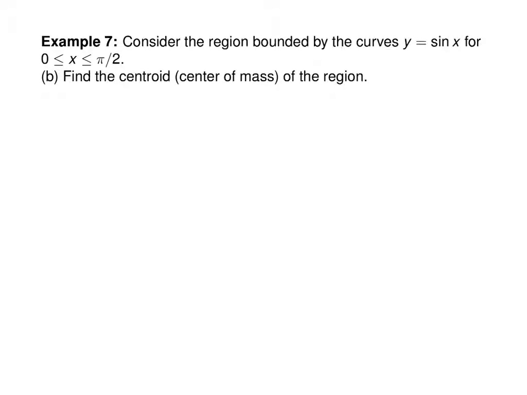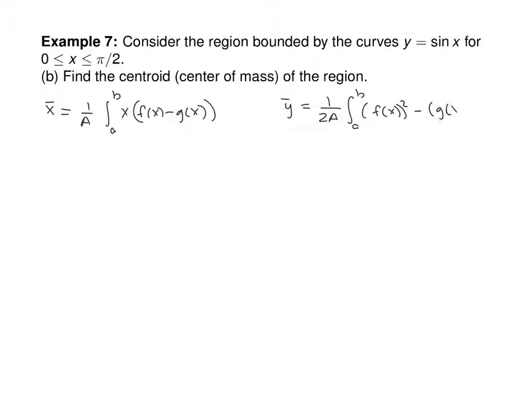To find the centroid, as in the sort of balancing point, the formula for x bar is 1 over the area times the integral from a to b x times f of x minus g of x, and the center y coordinate is 1 over 2A integral a to b f of x squared minus g of x squared dx.